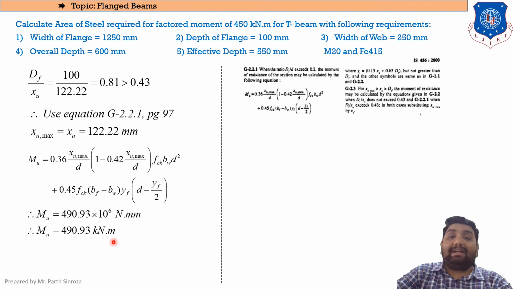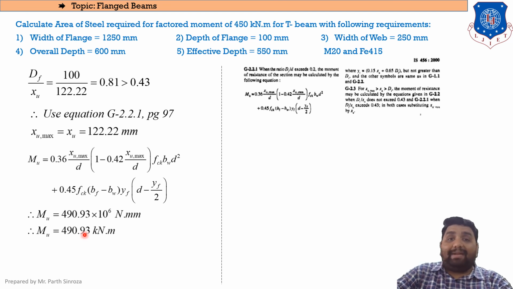Now the main thing is that the question was not to find the value of MU, it was to calculate the amount of steel. We have calculated the amount of steel and now we are proving whether we have provided the correct amount of steel or not.